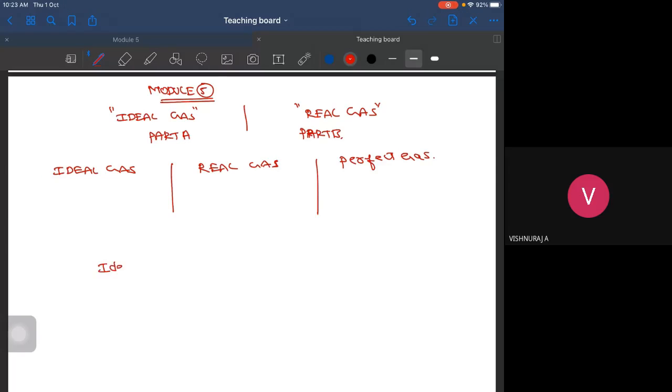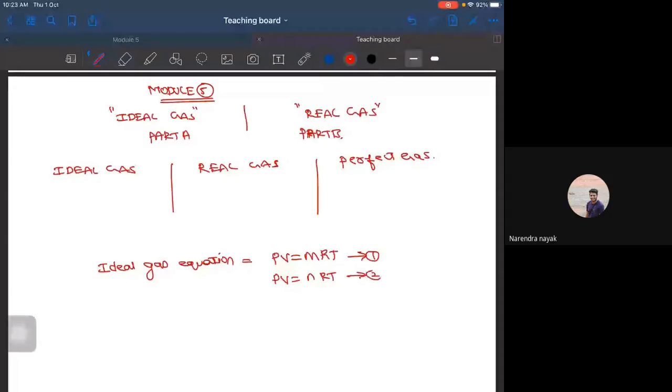So the ideal gas equation is PV equals mRT. So whether it is PV equals mRT or PV equals nRT, which one is correct? nRT, sir. Both.